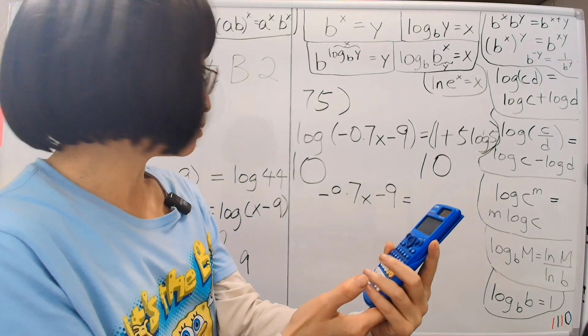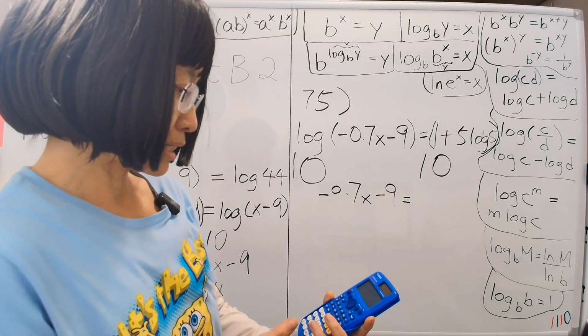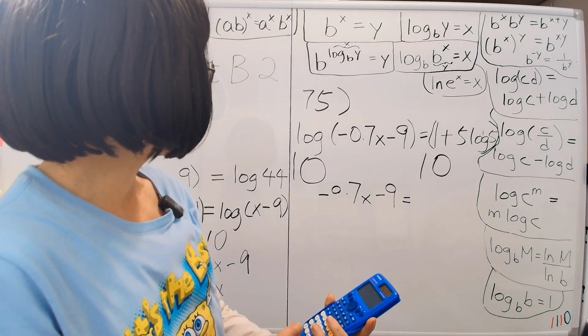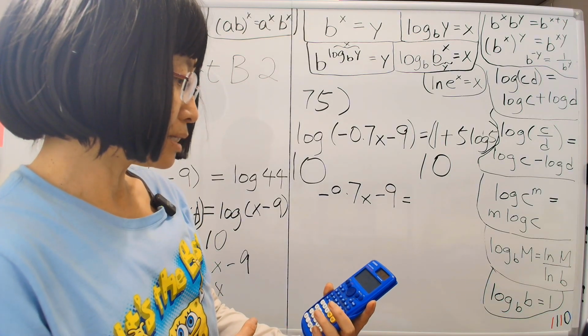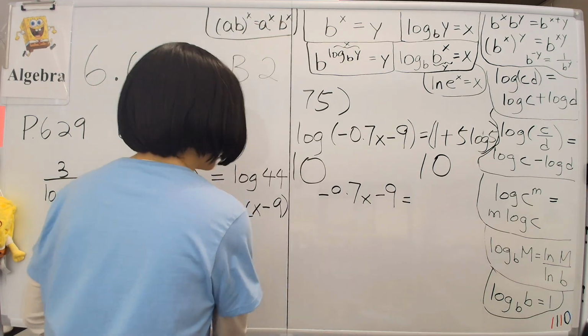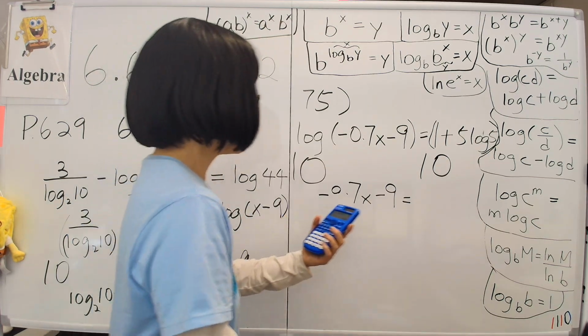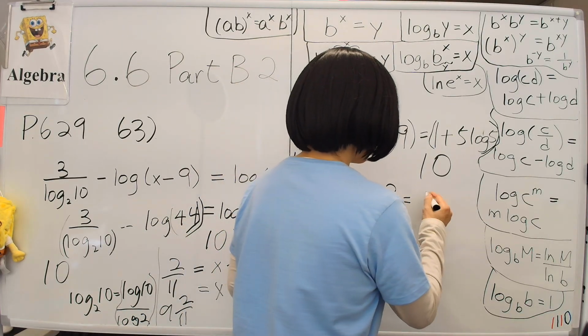Okay, it says a big number. That looks like 10 to the power 1 plus 5 log 5. Let's write this down, okay? And so that equals to, we'll call this big number b.